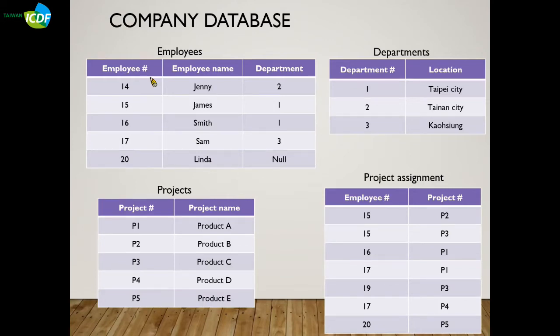First, let's begin with single attributes. First is employee numbers. The values of this attribute are unique. So employee numbers could be primary keys.